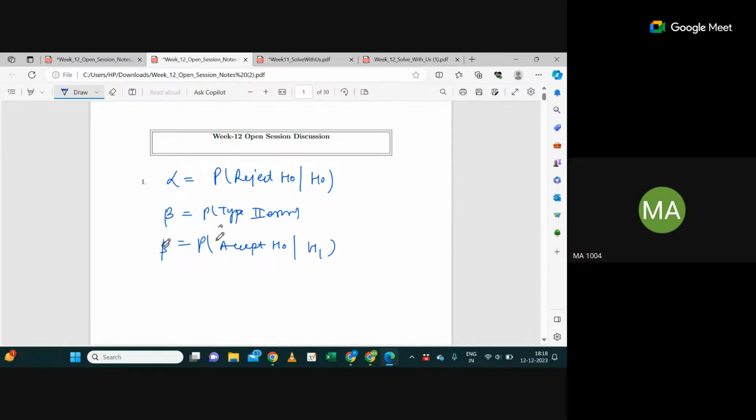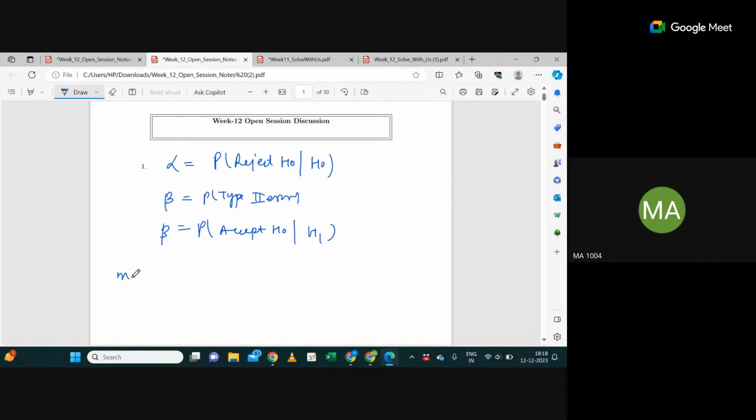Now you can relate these things to a real scenario. Suppose there is an owner of a manufacturing company, with a product like a medicine bottle or any product. How will you define your alpha? You can define your null hypothesis as the item being of good quality.